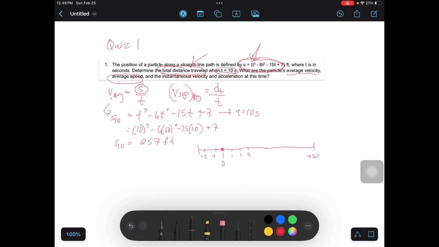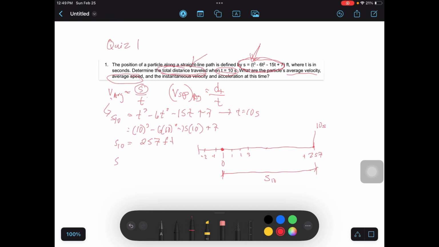Nandito yung positive 257 at 10 seconds. Let me write it. Yan ang ibig sabihin ng S10, from 0 point ng number line.